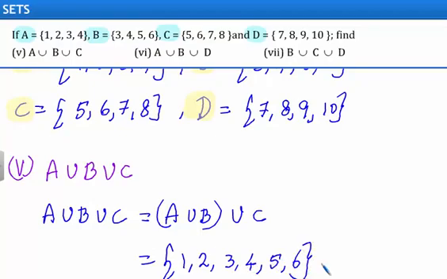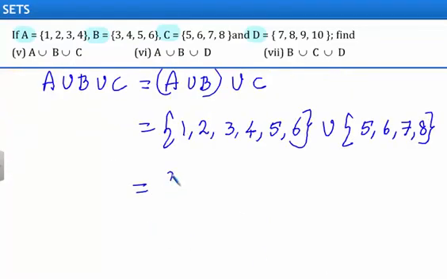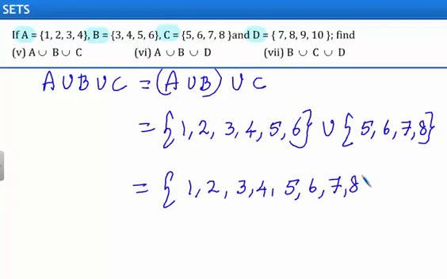Union The set C is 5, 6, 7, 8. So this will be equal to 1, 2, 3, 4, 5, 6, 7, 8. So this is A union B union C.